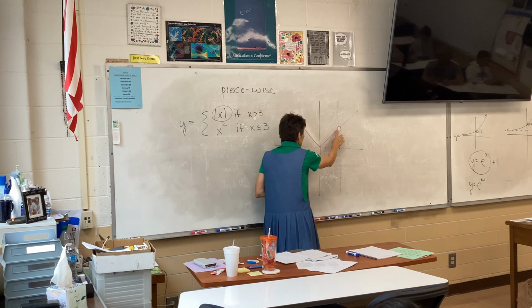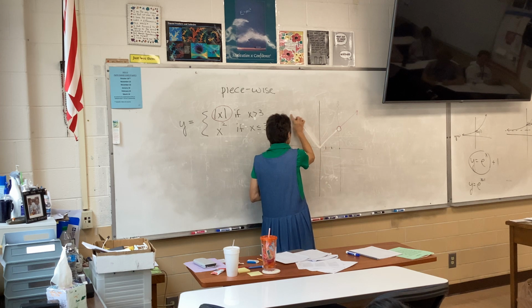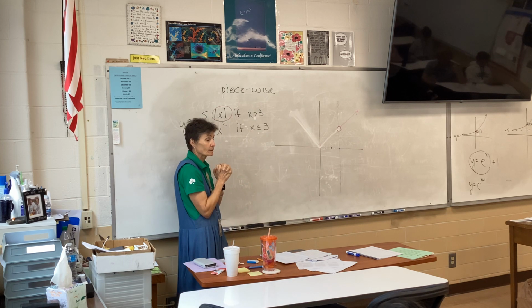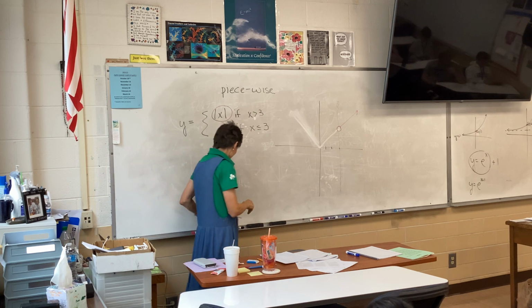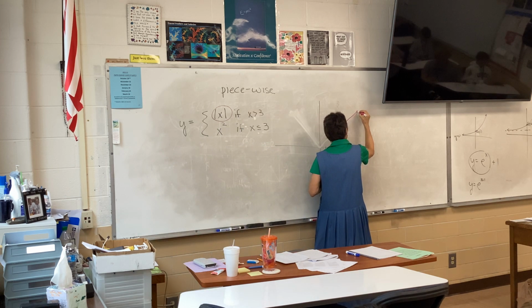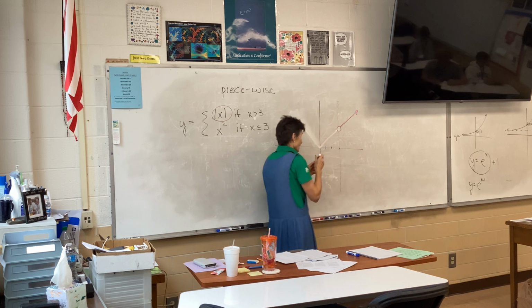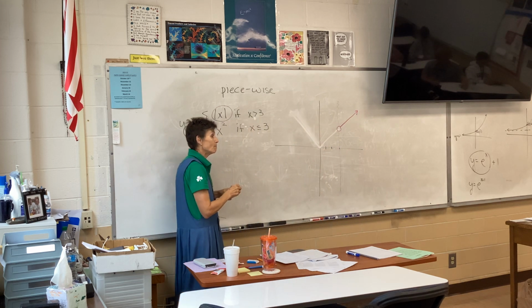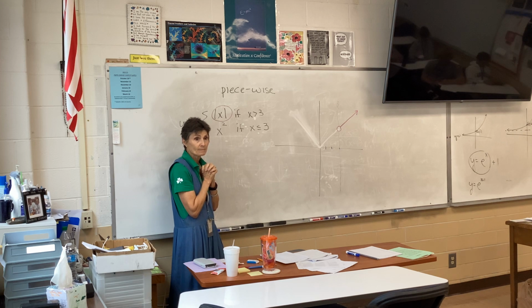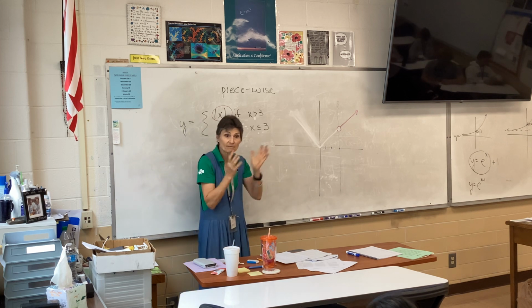So I am going to erase this part of the V. I don't want this part. So you're taking your pencil eraser and you're erasing that. This is the part of the picture that I'm keeping. So the first piece of my problem is that little piece of the V.